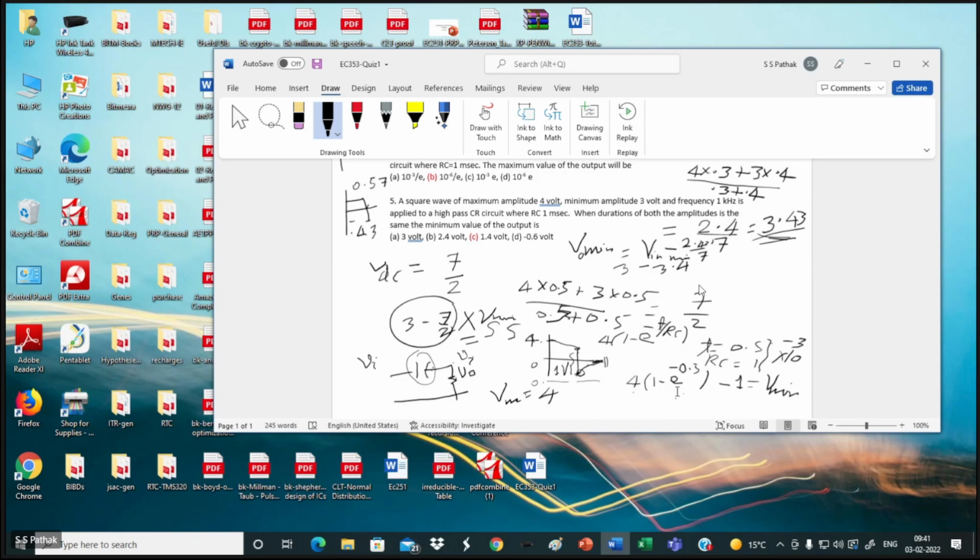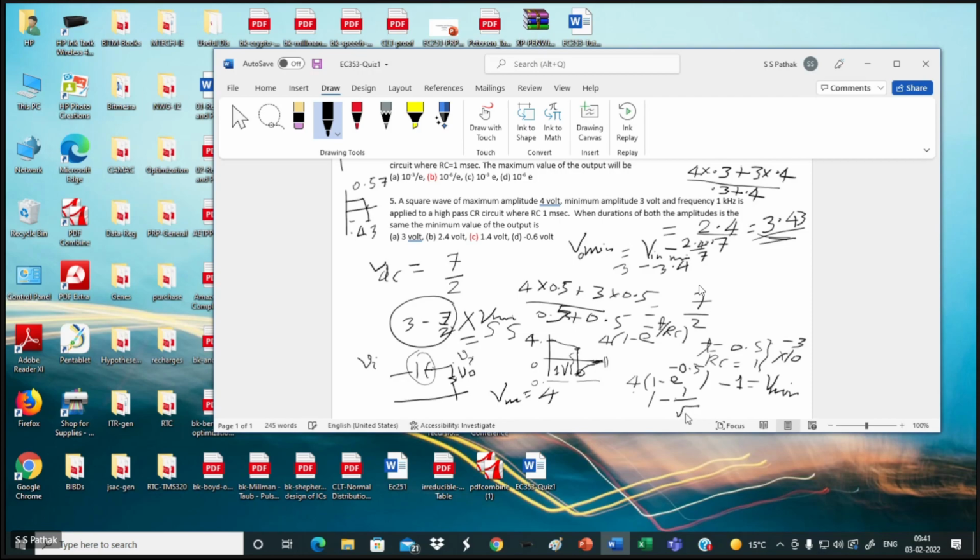Do you agree? So my answer is this, and according to that, it will be your 3 volt. 4 into e to the power 0.5, it will be less than 1. It will be slightly less than 4. Minus 1, so it will be closer to your 3 volt, not 2.5 volt. E to the power 0.5 is how much, that you can compute. 1 becomes 1 minus 1 by square root e.